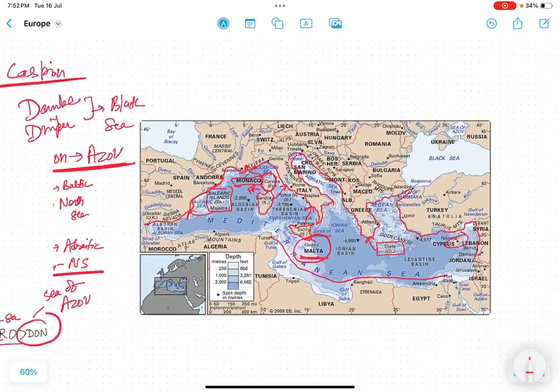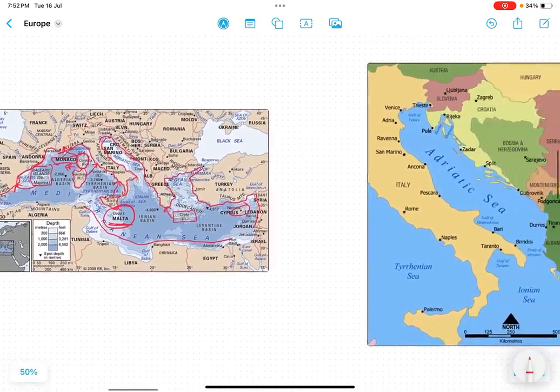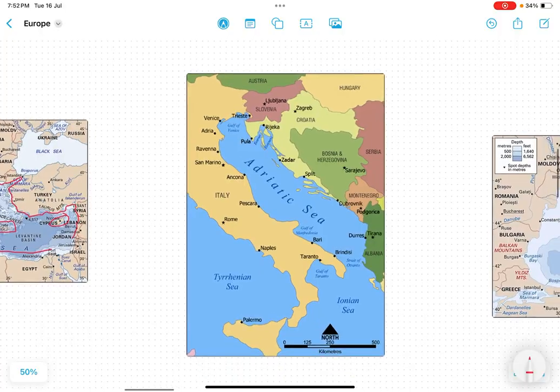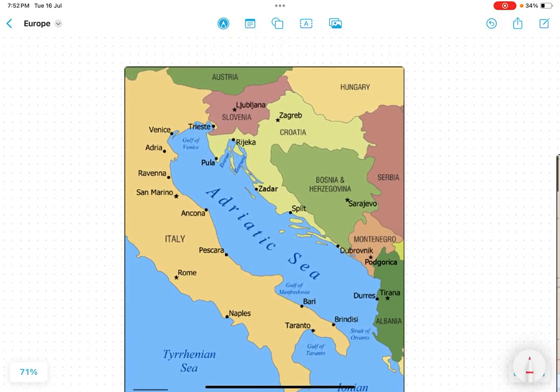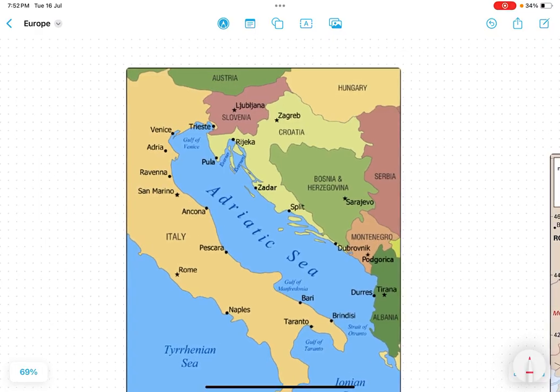So we have seen the Mediterranean Sea. Let's see the next map. Next map is of Adriatic Sea. Again, a very important sea in Europe, and we need to understand what all countries lie on the Adriatic Sea. As you can see, Italy. Then we have Slovenia.